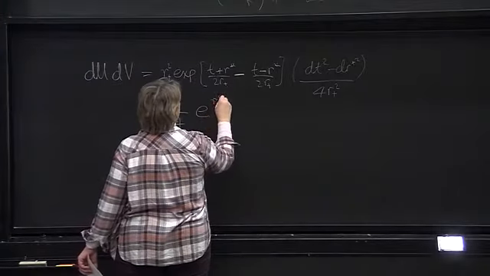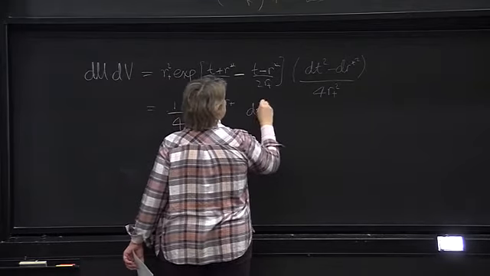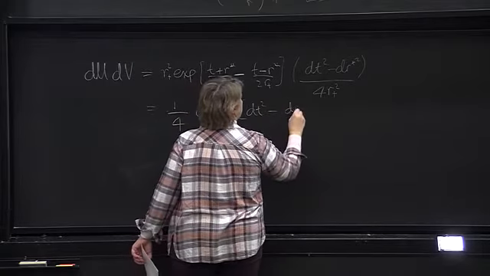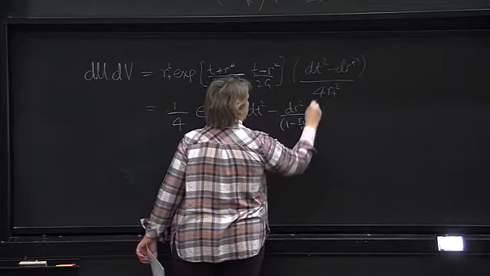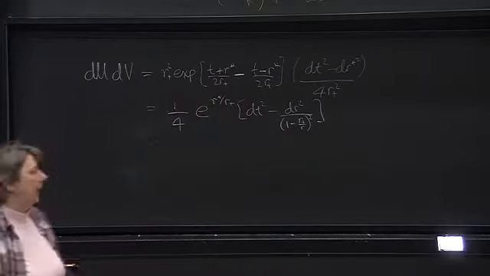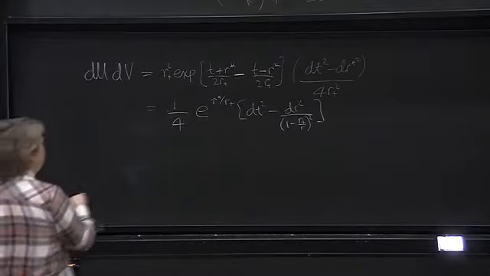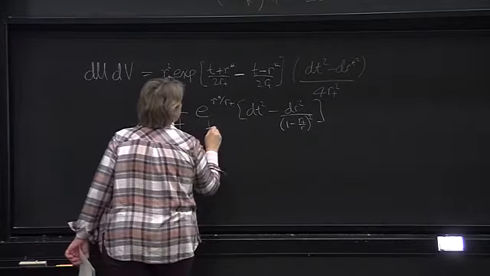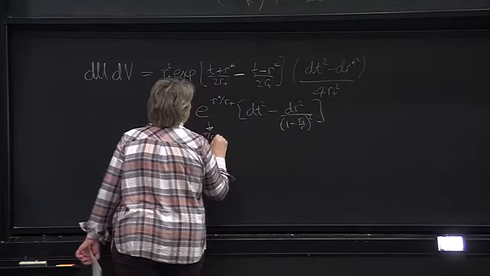E to the r star on r plus, and then dt squared minus dr squared over 1 minus r plus on r squared. So that's just replacing dr star squared and tidying up the exponential. So now, if I look at what r star is, this is e to the r over r plus.